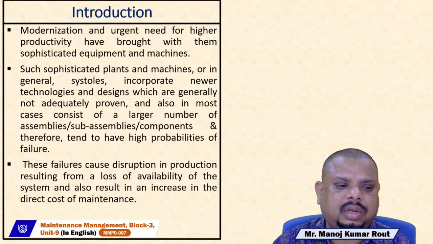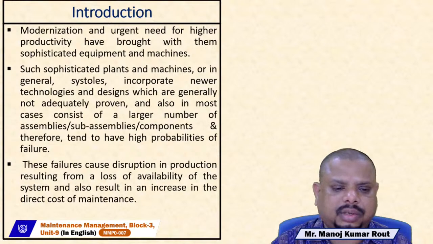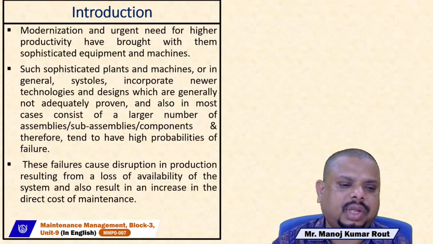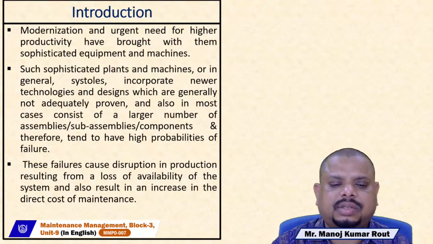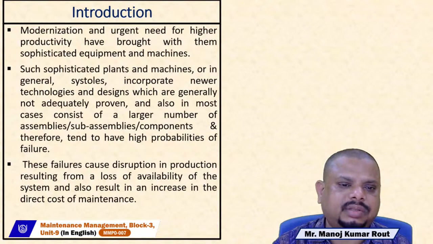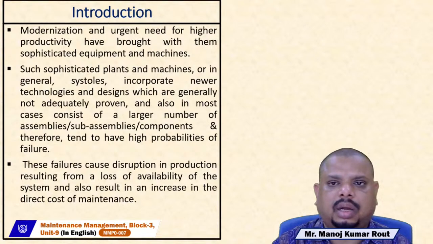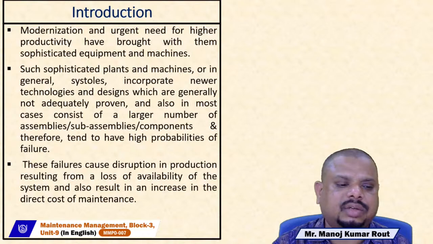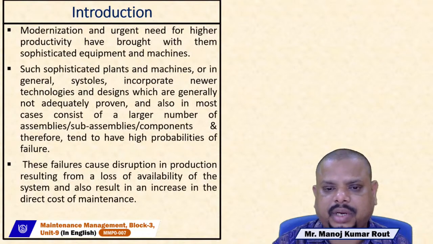That is why these basically cause a large amount of failures and disruption in production, and the result is loss of availability of the systems, in the form of machines and tools, and also an increase in the direct costs of maintenance.